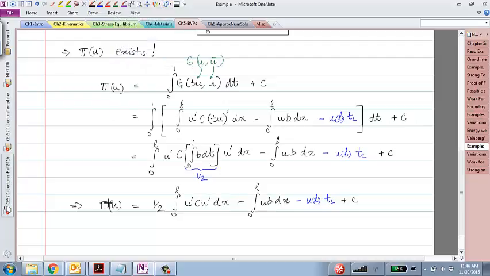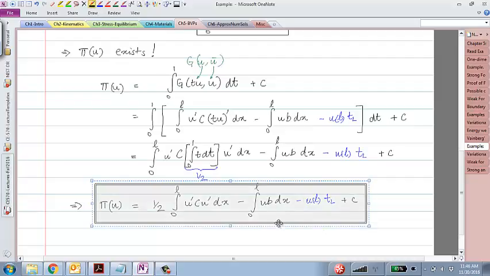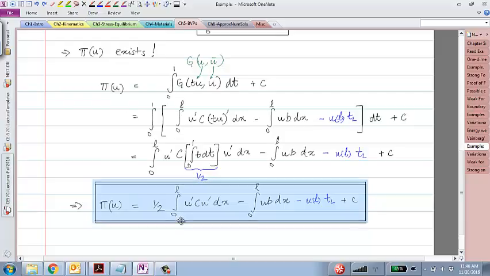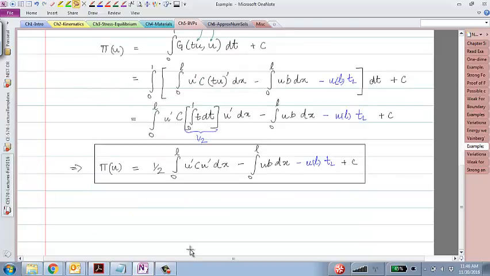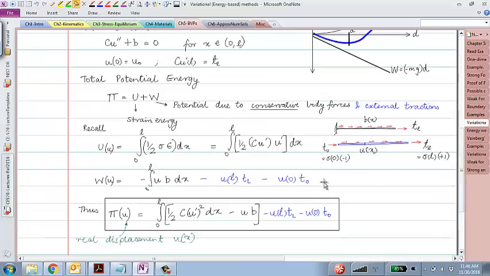Let's check whether this is the same pi u that we got originally from our definition. So half of u prime times c u prime. If you roll back to where we derived this, half of c u prime squared minus ub dx.